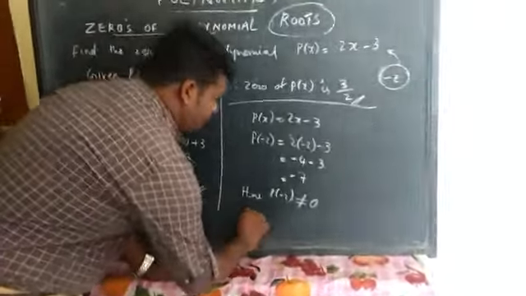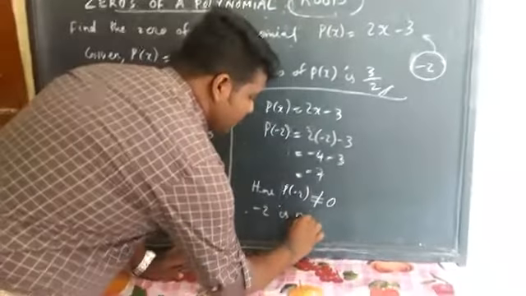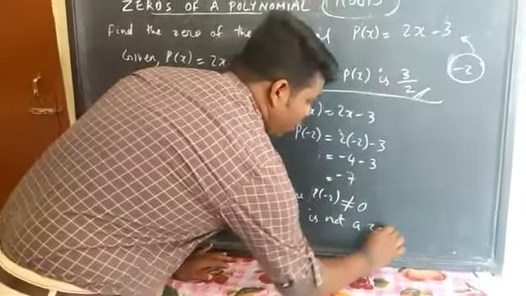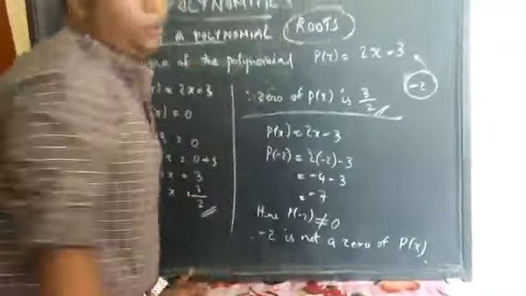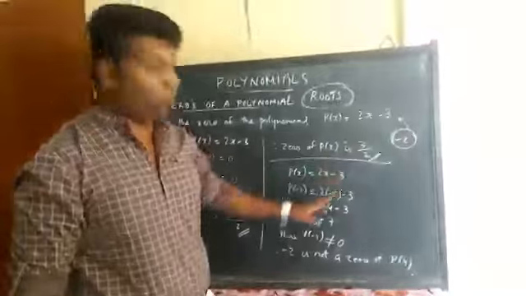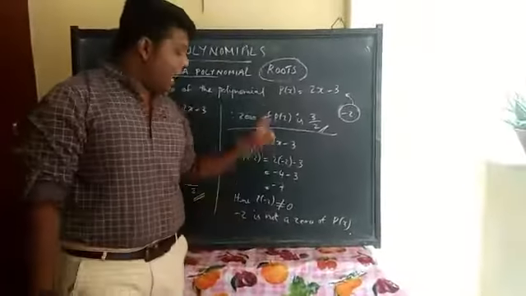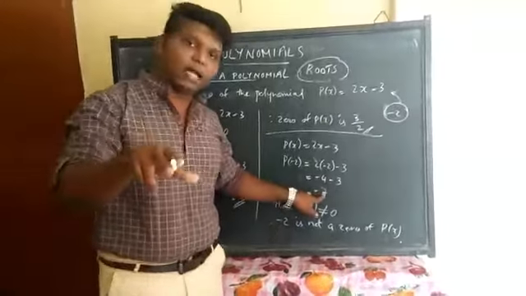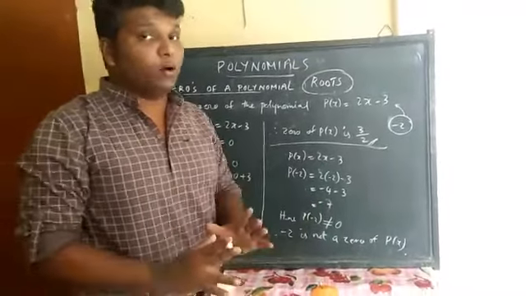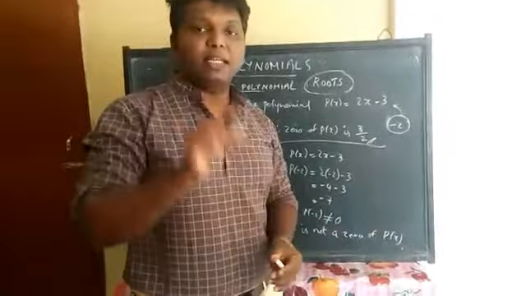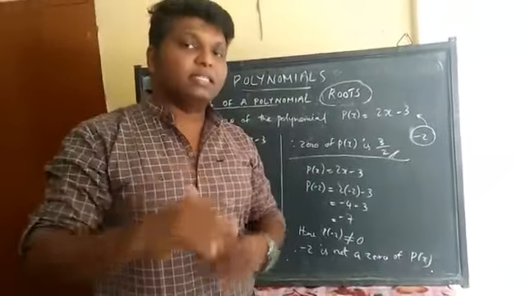Therefore, minus 2 is not a 0 of the given polynomial p of x. If while doing this you get 0 here, then we will write yes, this is the 0 of the polynomial. This is how we have to verify whether the given number is the 0 of a polynomial.